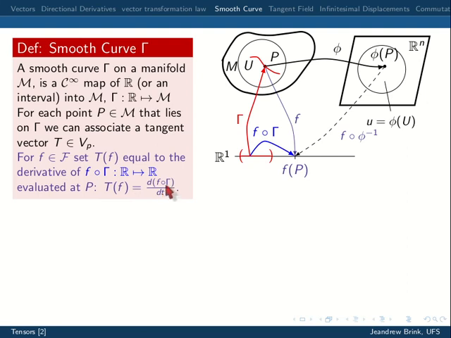Intuitively, if you were to imagine the manifold was just Rn, then this thing would work exactly. In fact, that's not a bad exercise. If this thing is becoming vague, imagine the manifold is just Rn and get yourself an example that works.